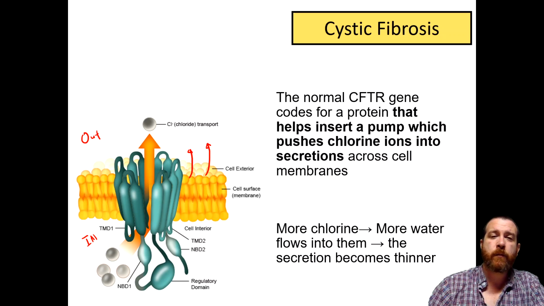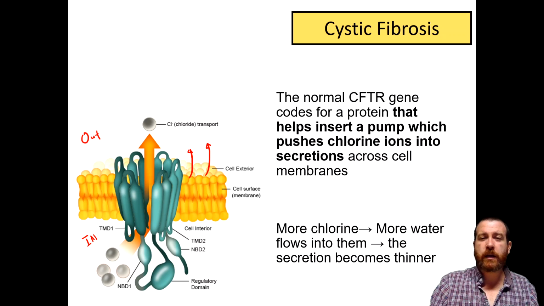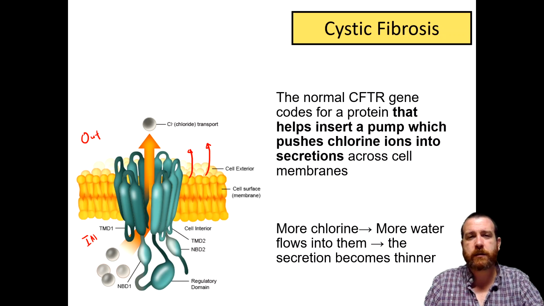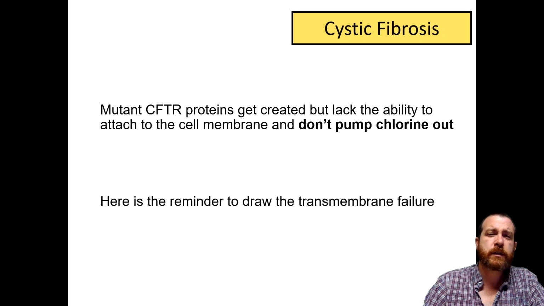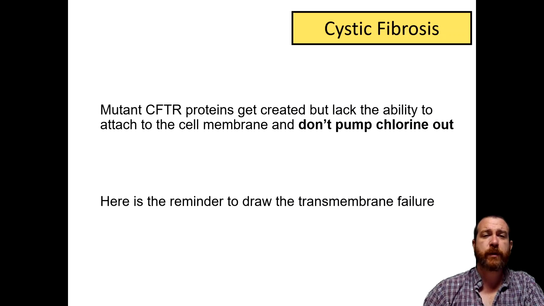Now that more water follows along, it ends up thinning any kind of secretion that's outside of the cell. Any kind of goo that's surrounding the cell gets a little bit thinner because you're pumping salt water into it, basically. This explains a lot of the reasons why we have the different effects that we see with transmembrane conductance.